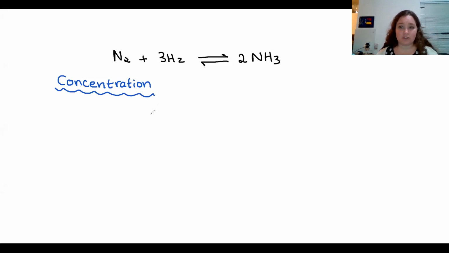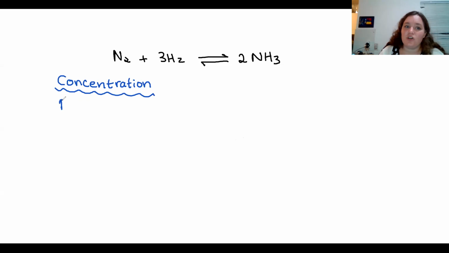When it comes to concentration, we can increase or decrease nitrogen, increase or decrease hydrogen, and increase or decrease ammonia. We could do any one of those. In this question, there are 6 options of what we could do. We're not ever going to do all of them. I haven't ever seen a question where they've changed more than one variable at a time, but any of those could happen. So I'm going to just pick on one of them.